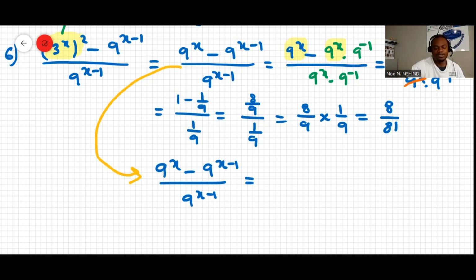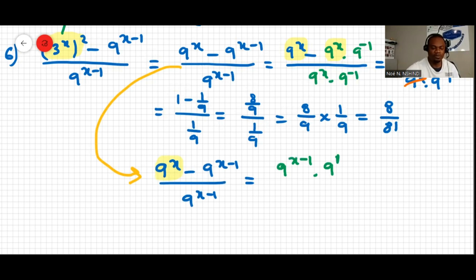Look at this 9 to the x here. I can break it up into something like 9 to the x minus 1 times 9 to the power of 1, knowing that the two combined just make 9 to the x.